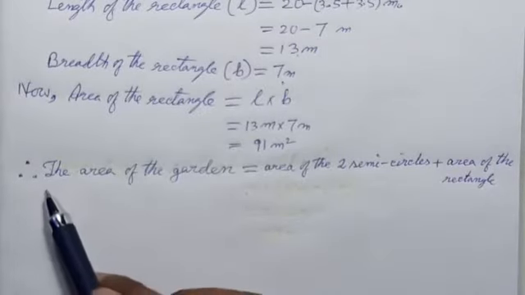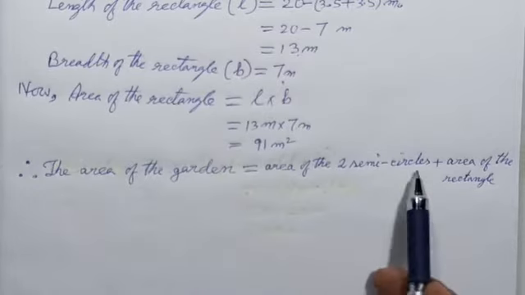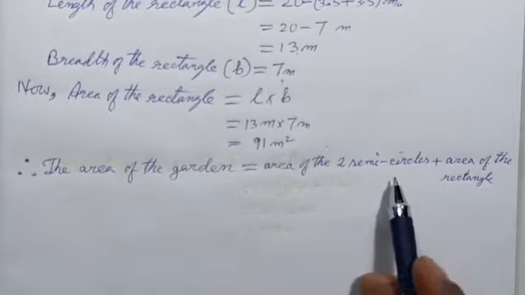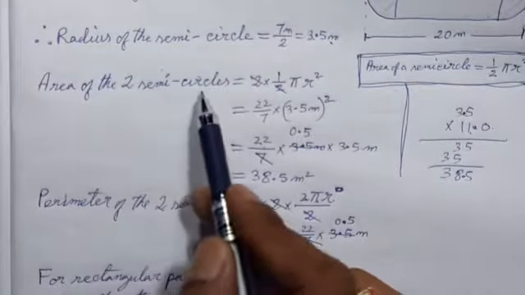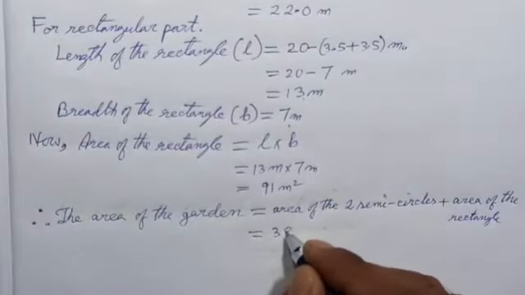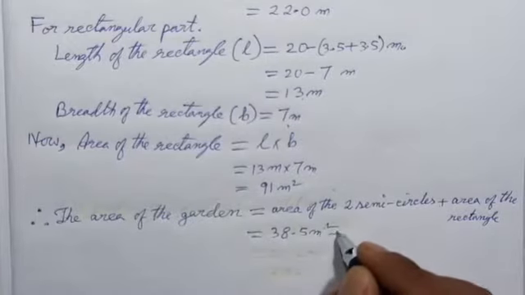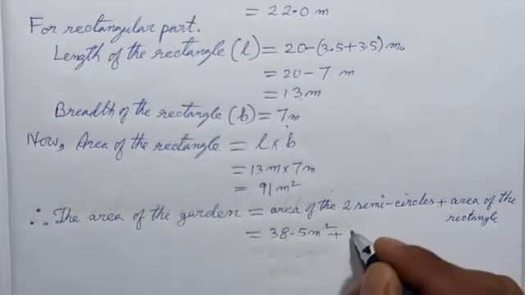Therefore, the area of the garden is equal to the area of the two semicircles plus the area of the rectangle. Area of the two semicircles we have found here is 38.5 meters square. Plus, the area of the rectangle is 91 meters square.